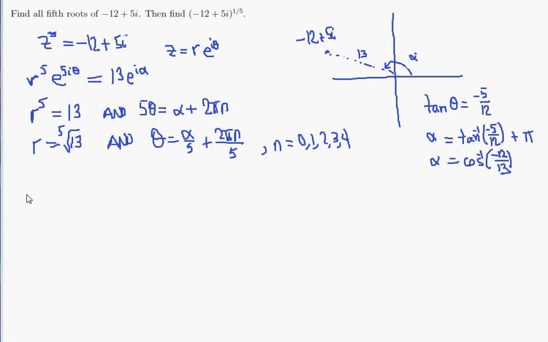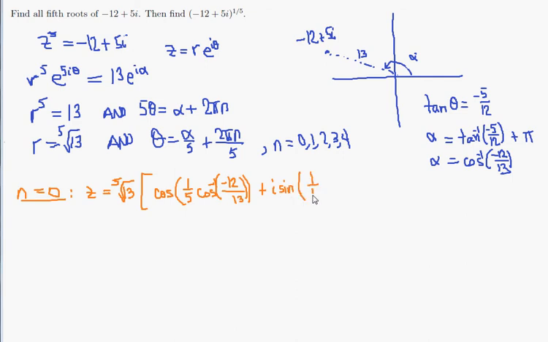Okay, so let's plug in the first, n equals 0. If n equals 0, that gives that z is equal to the fifth root of 13 times the cosine of 1/5 times the arc cosine of negative 12/13, plus i sine of 1/5 times the arc cosine of negative 12/13.